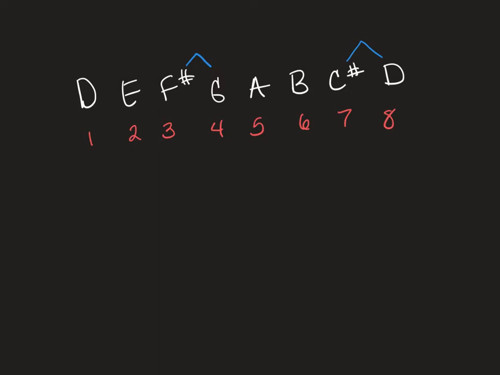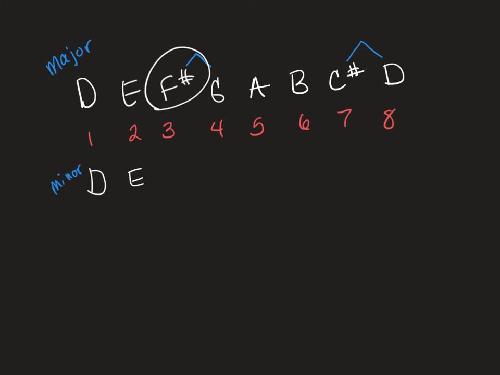But in a minor scale, we're going to take 3 of the notes and turn them half a step lower, and that's going to change where the half steps and whole steps go. So let me write out the D minor scale below. So again, this one is major, and we're going to do minor right underneath it. So our first note stays the same, so does our second note, but our third note goes half a step lower.